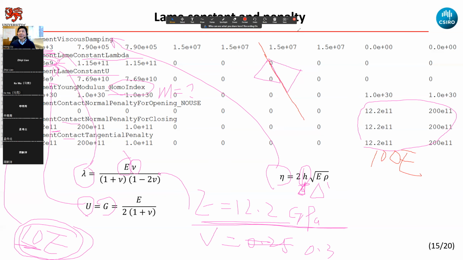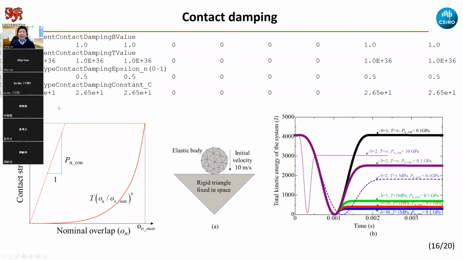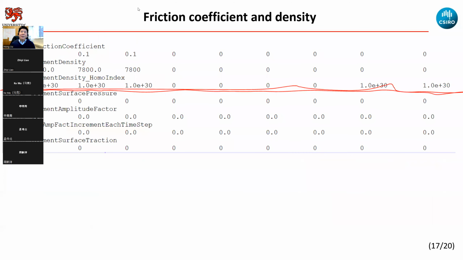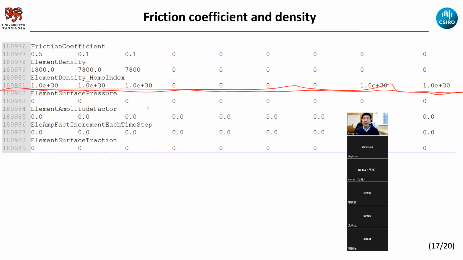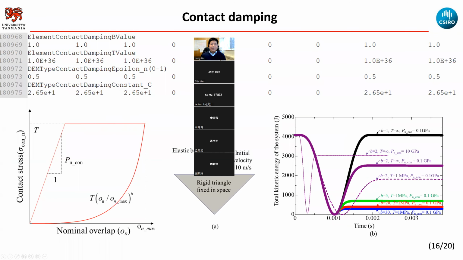Okay, let me clean my computer screen. Then the next one. Sorry, I skipped another one, I needed to go back to the previous screen. So we give the damping.